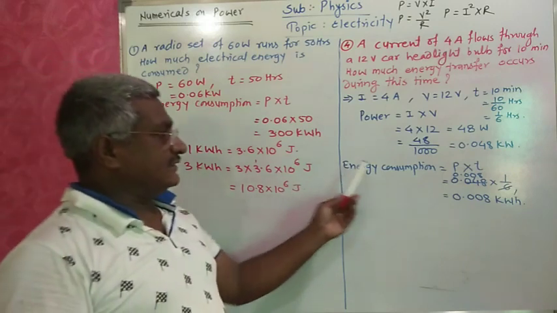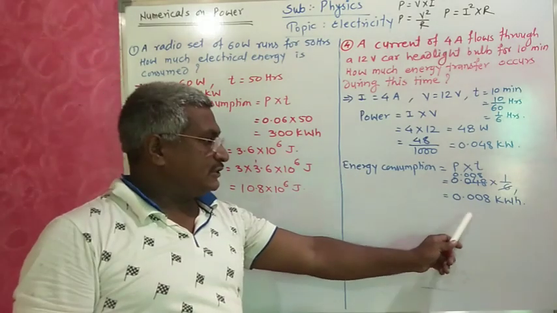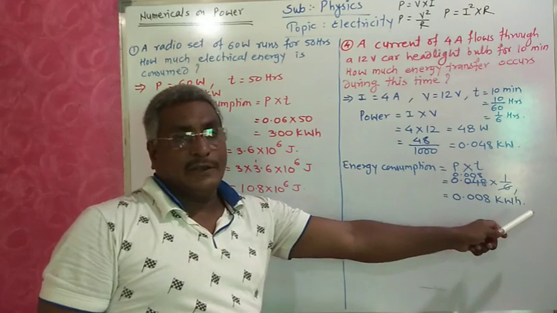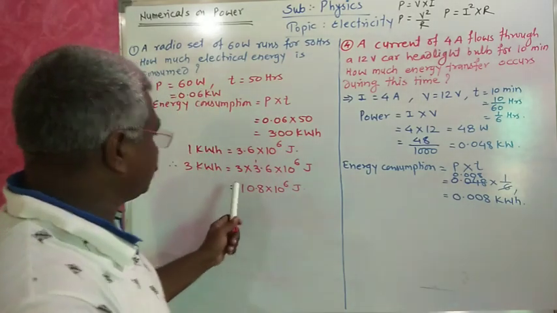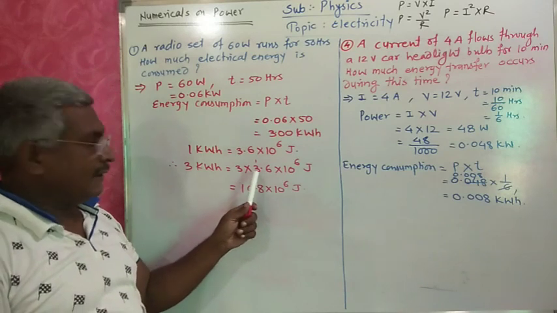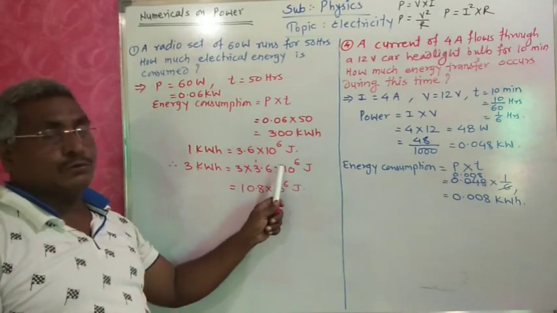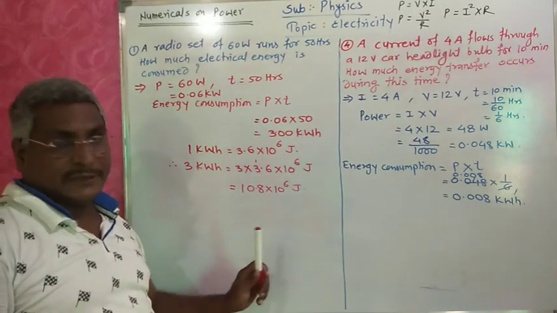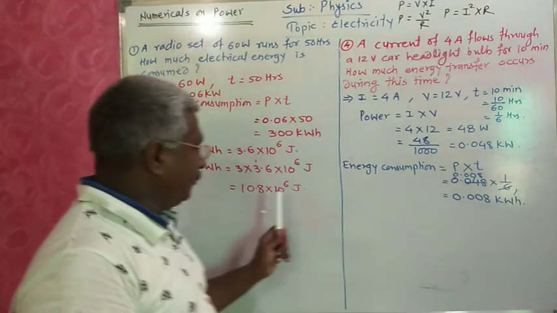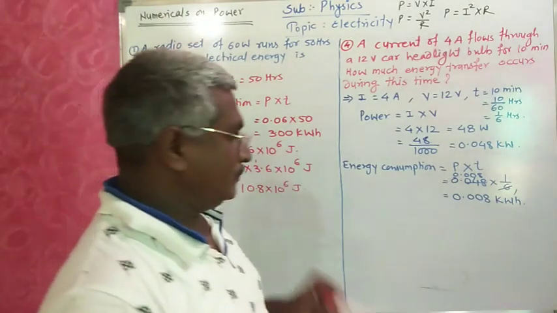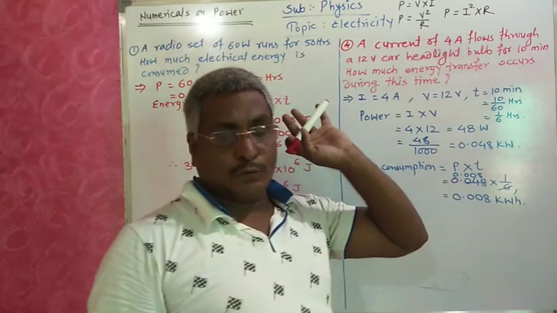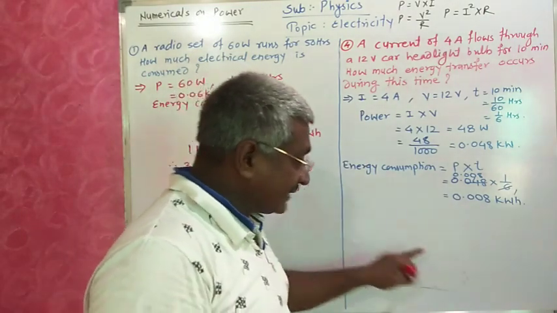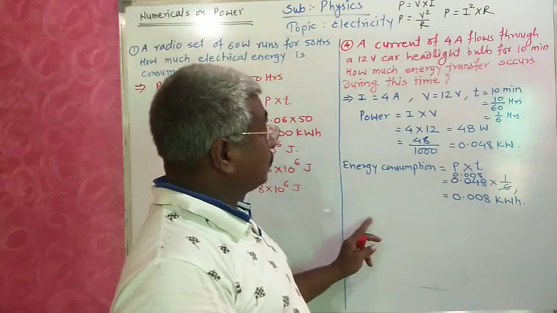So what is the energy consumption? 0.008 kilowatt hour. If you want to convert into joule, what do you do? Multiply by 3.6 into 10 raised to the power 6, and you will get the answer in joule. Understood, students? And at last, don't forget to write the answer.